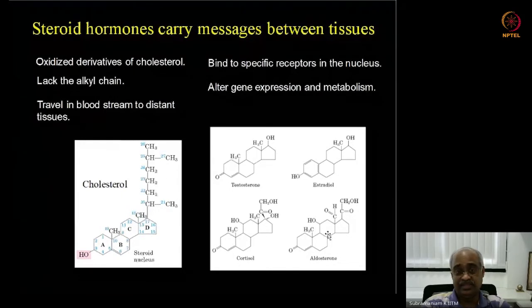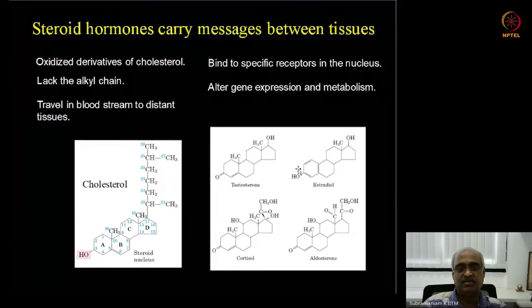As a result, it is very critical for maintaining blood pressure. If sodium and potassium levels vary beyond the normal range, then you have a serious problem with blood pressure and heart malfunction. For that, aldosterone is the main regulator. So these are the 4 major steroid hormones that we need to know.